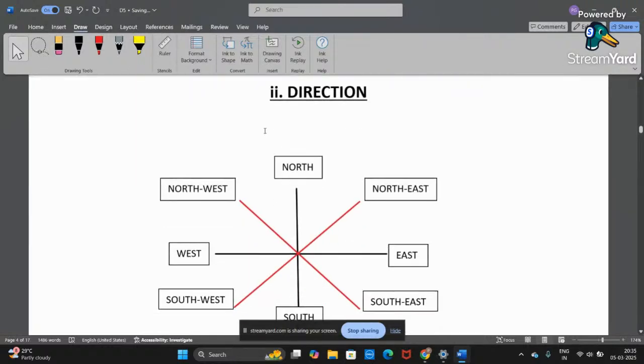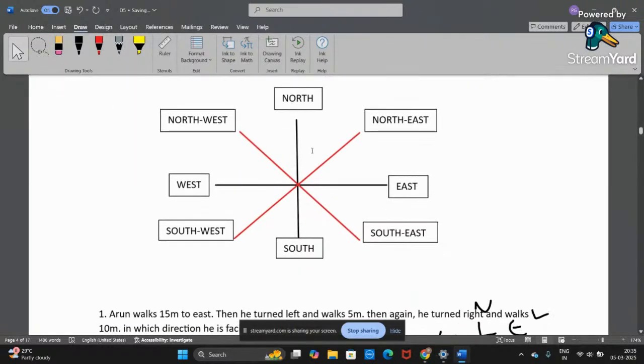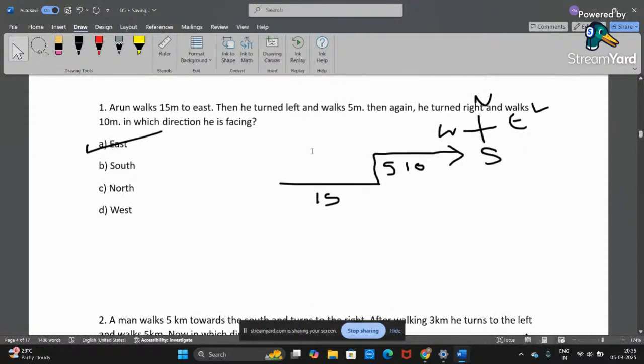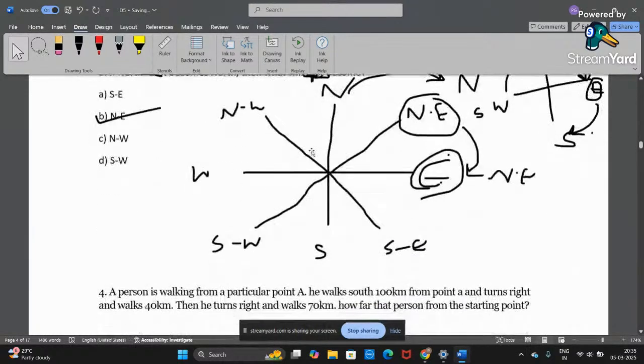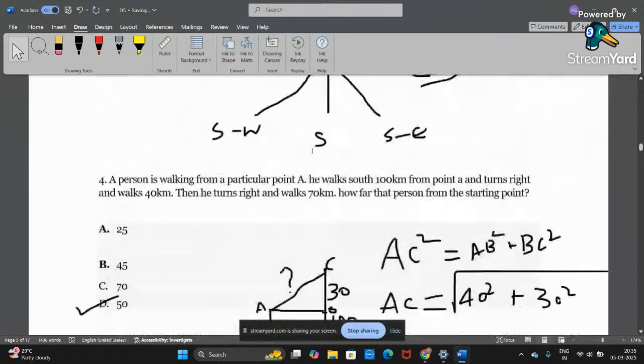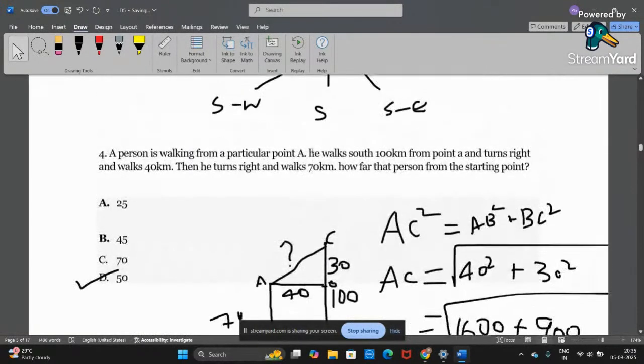Then you'll find the answer easily. We solved a few questions on the direction topic. In direction, we get problems where we find the answer by using the Pythagoras theorem.